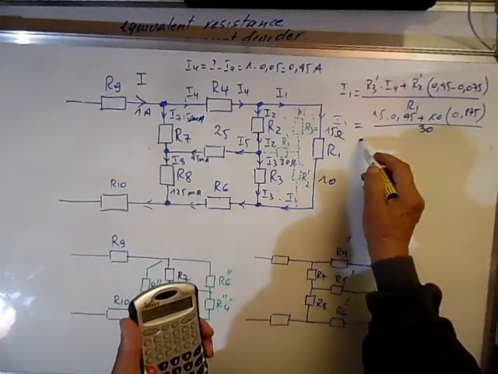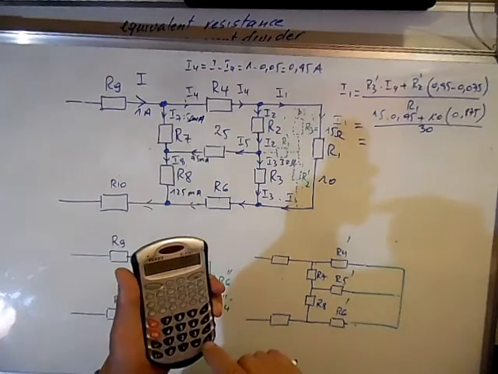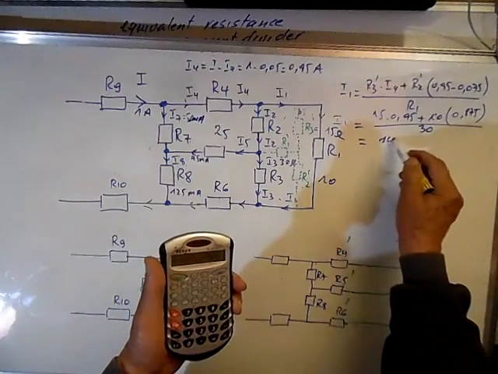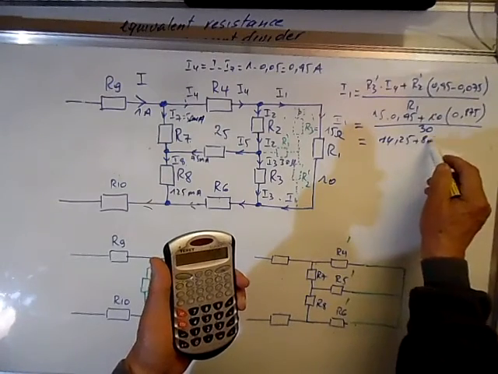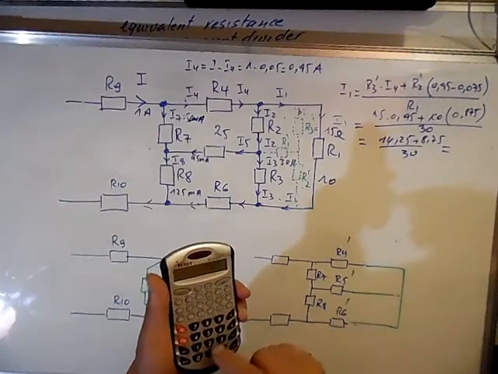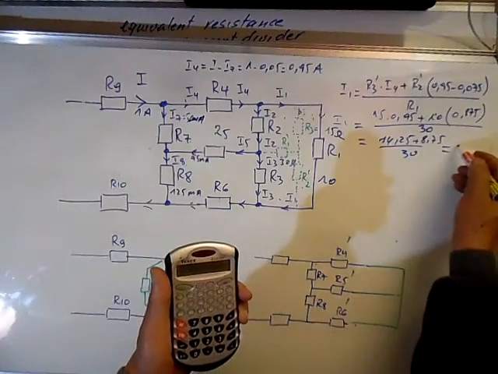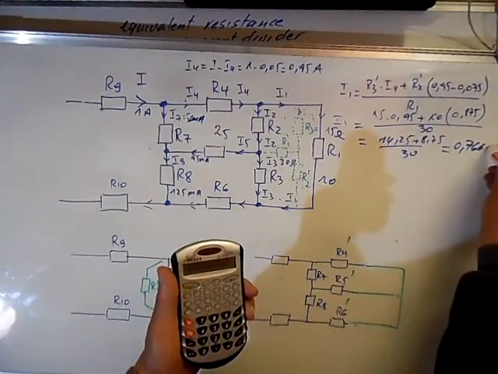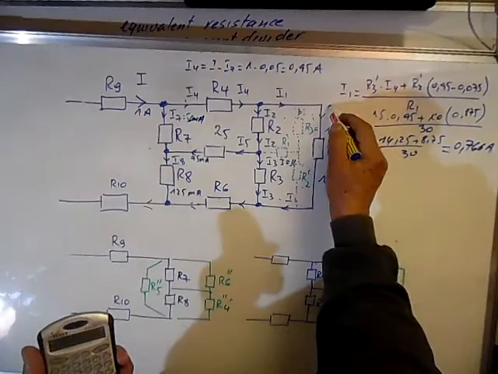This will give us 14.25 plus 8.75 over 30, and this is 23 divided by 30. This is 0.766 amp.